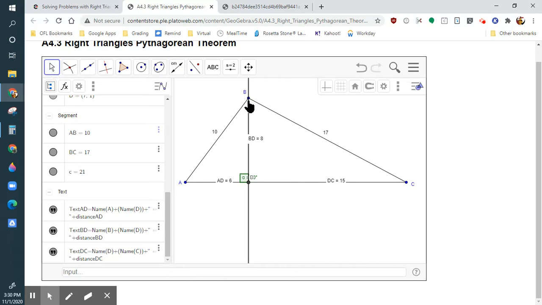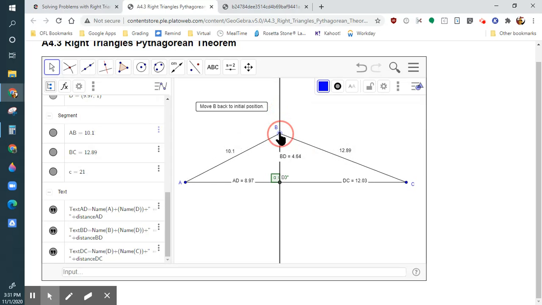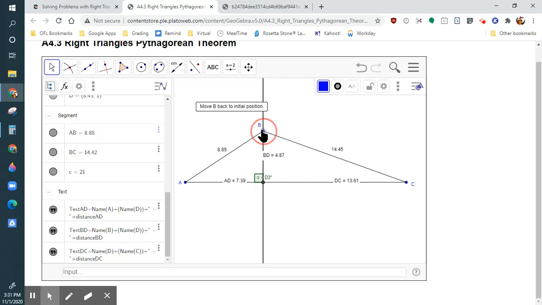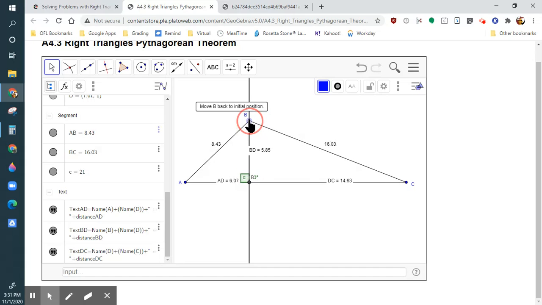So now what I can do is I can move this B, move the B, and this should still work. I'm going to try to make the sides a little friendly though. So I don't want to have weird numbers. But that might not be helped. Yeah, it doesn't look like it's going to be able to be helped.